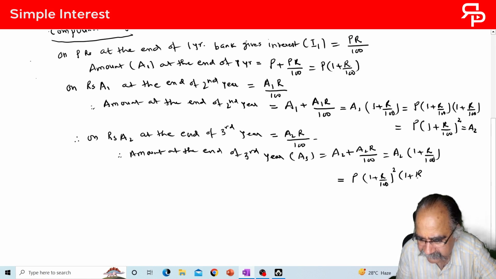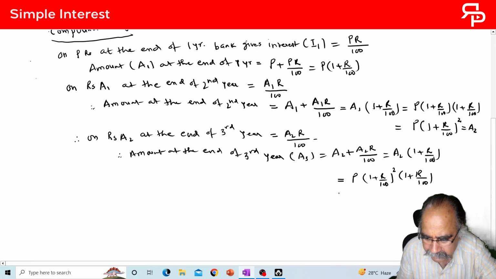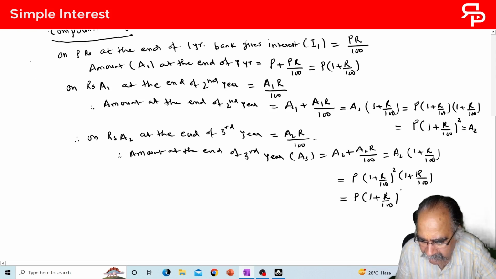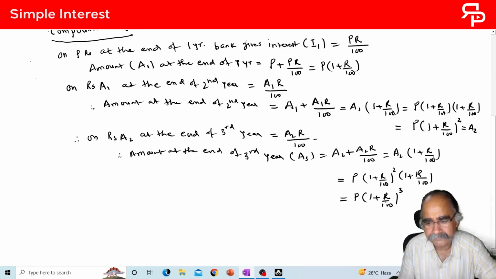A2 is replaced by this, which will give you P into 1 plus R upon 100 whole cubed. This is the amount at the end of the third year.